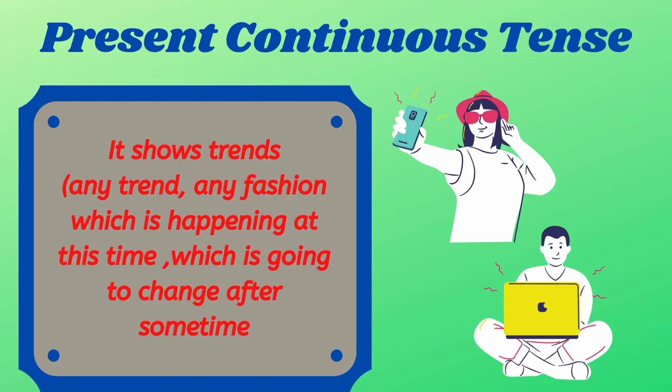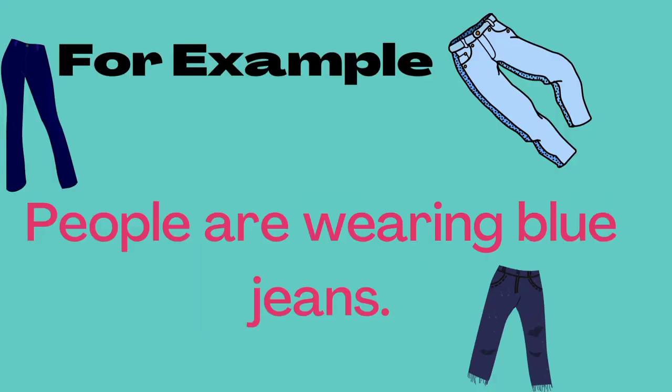And third could be, it shows trends. Any trend, any fashion which is happening at this time, which is going to change after some time, it shows the trend. For example, people are wearing blue jeans. This means in these days people are wearing blue jeans.